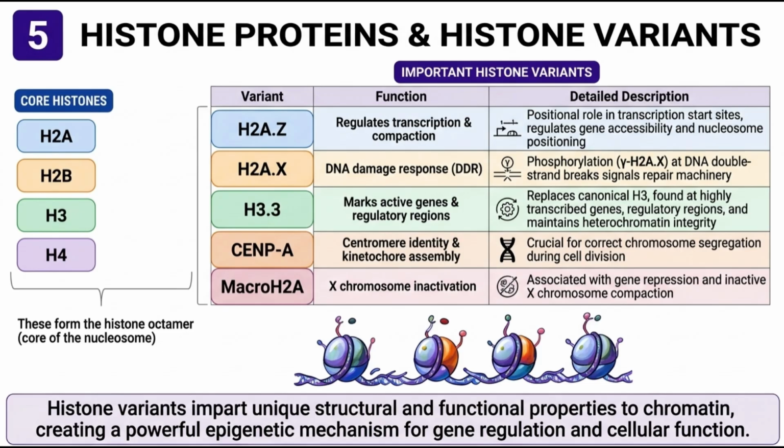It is essential for assembling the kinetochore and ensuring chromosomes separate correctly during division. H2A.X. This is a crucial variant for DNA repair. When DNA breaks occur, H2A.X is phosphorylated to signal the cell's repair machinery to the site of damage. H2A.Z. This variant is versatile. It is involved in both transcription regulation and gene silencing, depending on where it is placed in the genome.